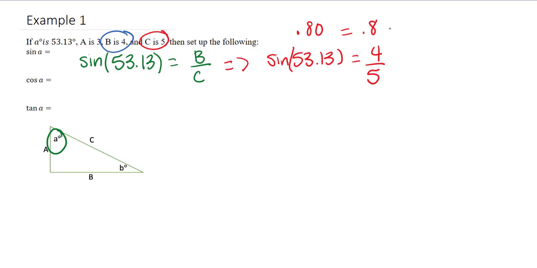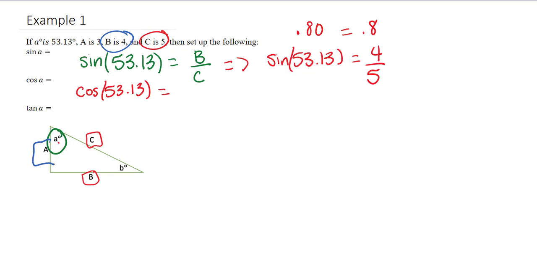So you can see how this angle here dictates to us that this side must be a certain size in comparison to this one. Like this ratio has to equal 0.8 because that angle is 53.13. Now let's look at cosine. So if we were to look at cosine of 53.13, now remember cosine is adjacent.